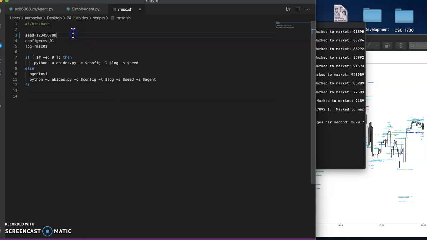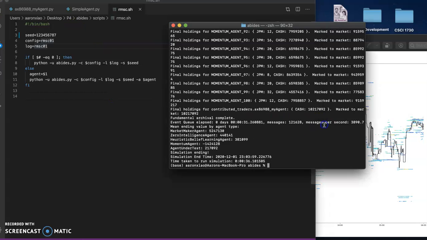So changing the seed just to show a case where our agent didn't outperform the simple agent.